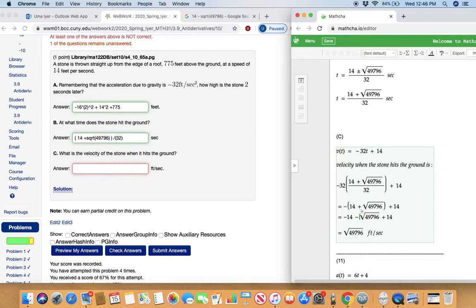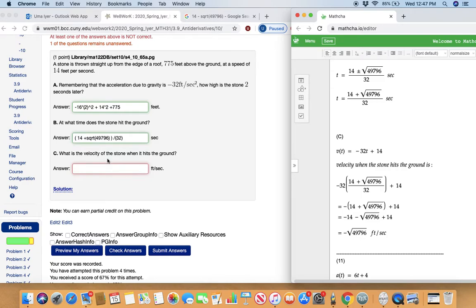Good. It's better to check again. Negative 14 minus root of all that, plus 14. So 14 and negative 14 cancel. What is the answer? Negative square root of 49796.